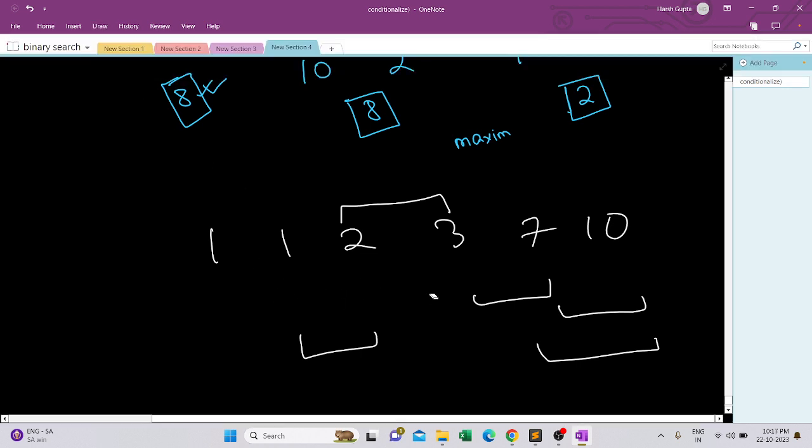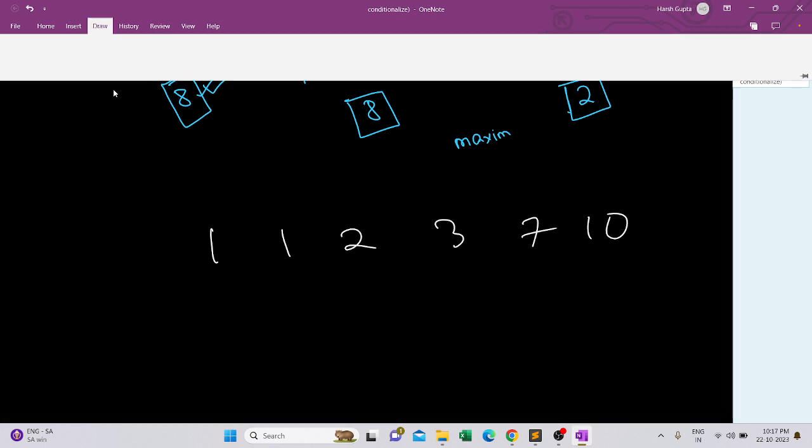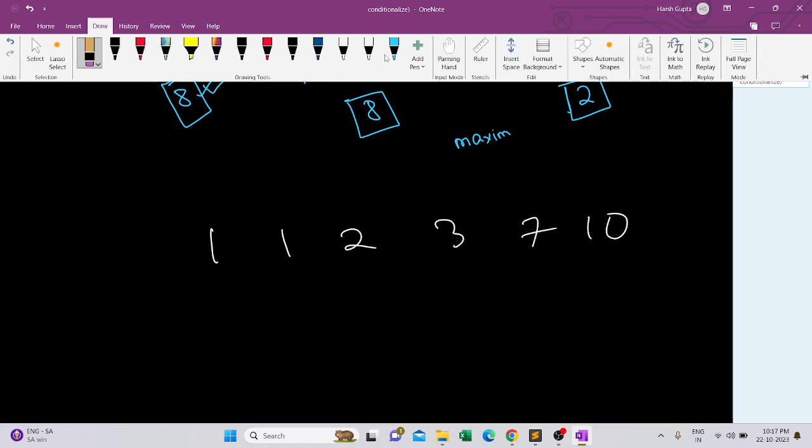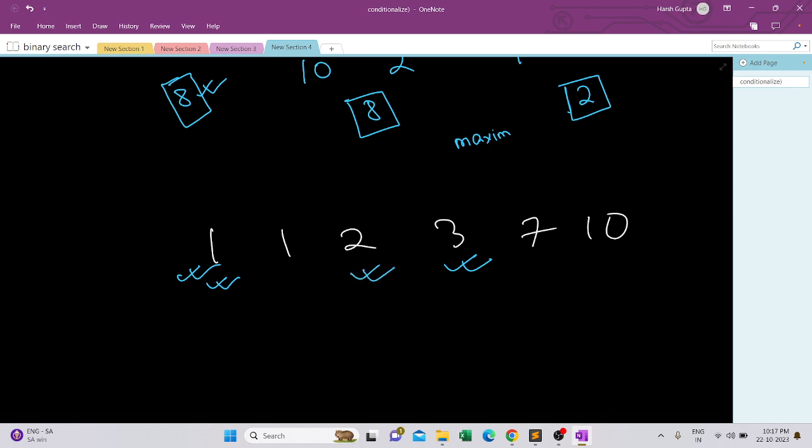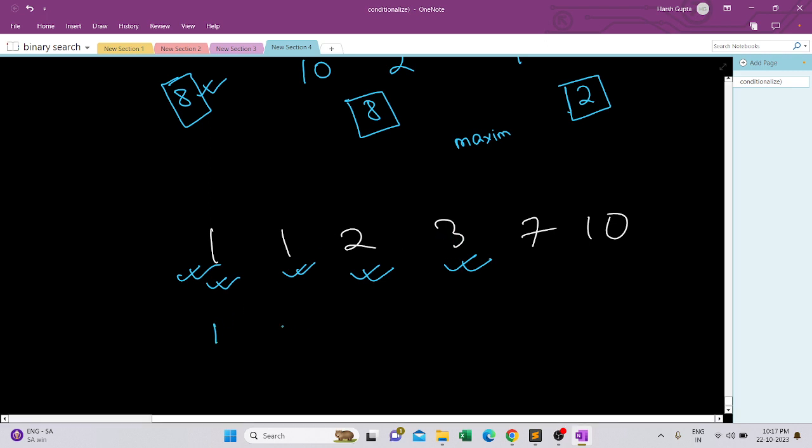If it's not clear, just think once. We need to minimize the difference, right? So if we pick one index from here and one index from there, that difference will always be greater than picking two adjacent indices. Like if we take 1, 1, this is one pair, and if we take 1 and 7, this is the other pair.